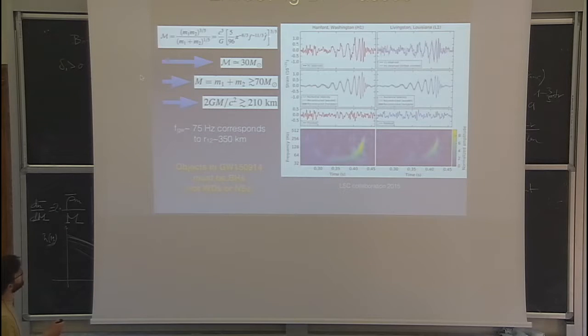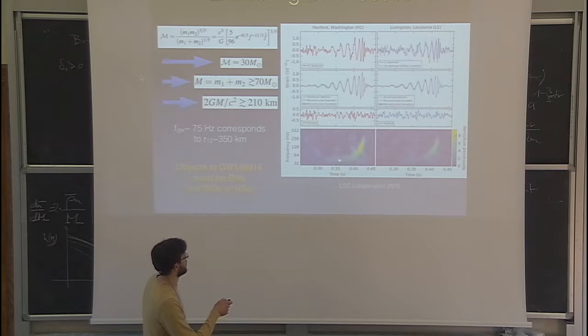You can invert that relation and get an expression for the chirp mass as a function of the frequency and f dot. And frequency and f dot are something that you can measure. This is power in the time-frequency plane for the first LIGO event.